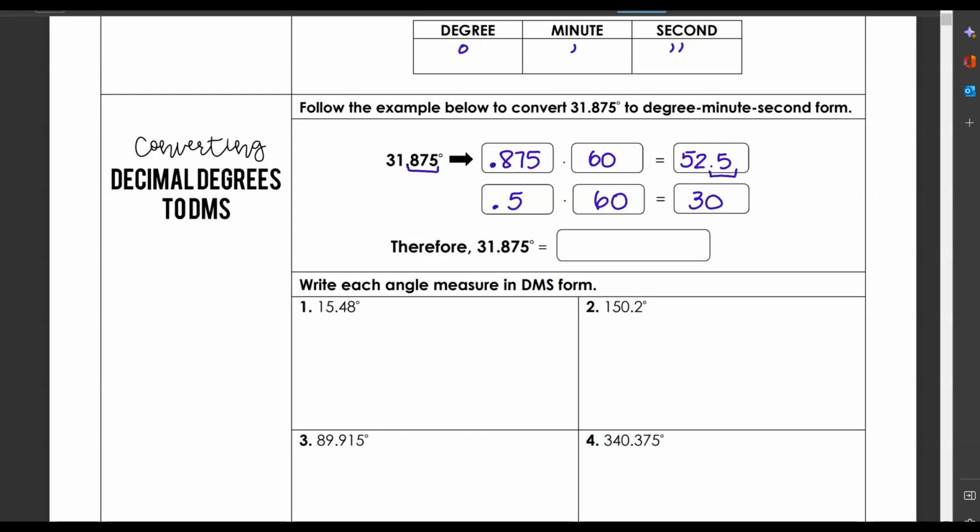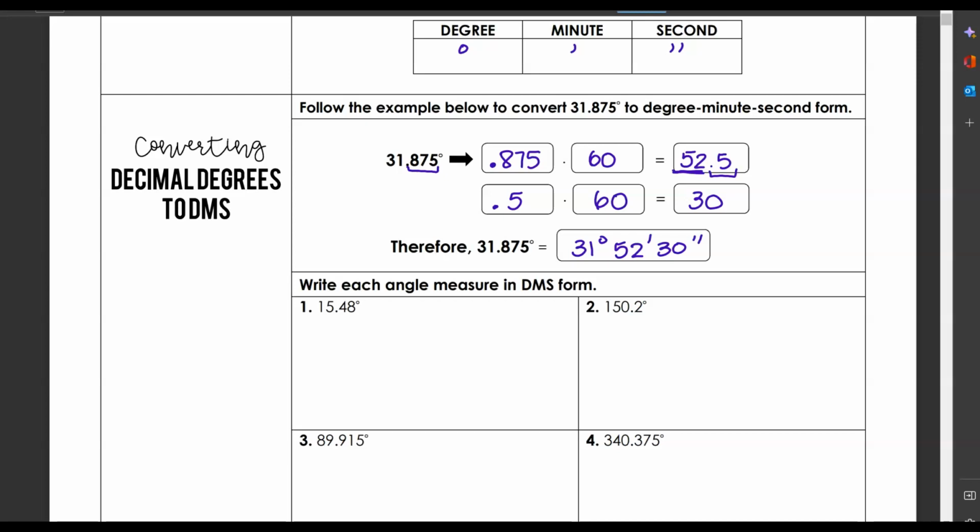So therefore, 31.875 degrees is equivalent to 31 degrees, that was our whole number, 52 minutes, remember that was the whole number here, and then 30 seconds. Okay, so that's how we do that conversion. That's how we go about converting decimal degrees into degrees, minutes, seconds.